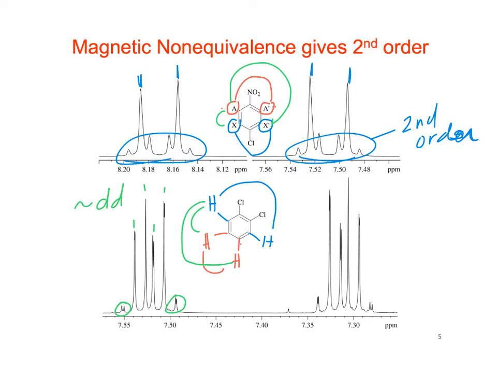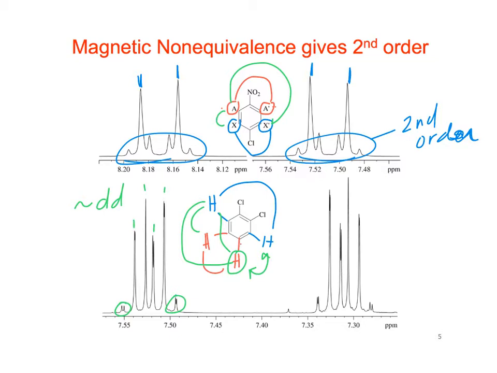But it's a symmetrical system. Because if we look at, say, this proton here, it has its ortho coupling here and its meta coupling back over there. So this just kind of throws a little bit of a monkey wrench into things.